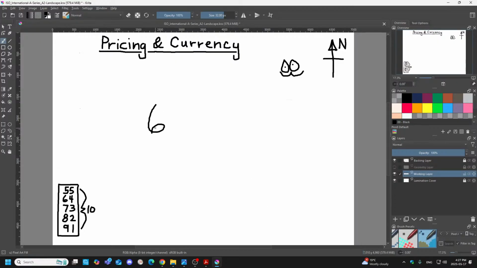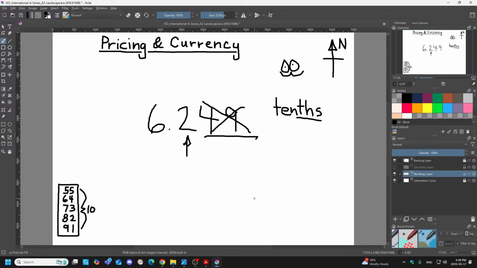Last one, 6.249. Round to the nearest tenths. So here's tenths. This all gets dropped. Technically speaking, the 9 would round this to 5, and then the 5 would round this up.